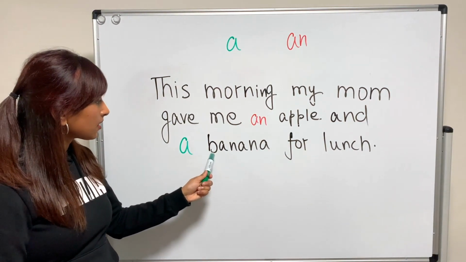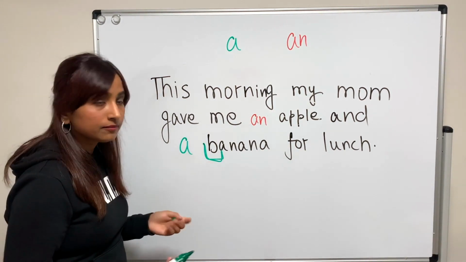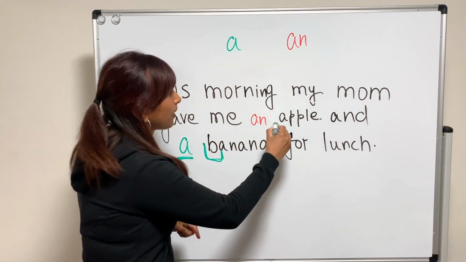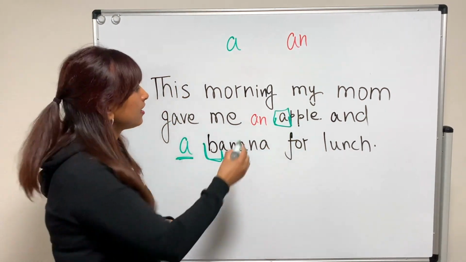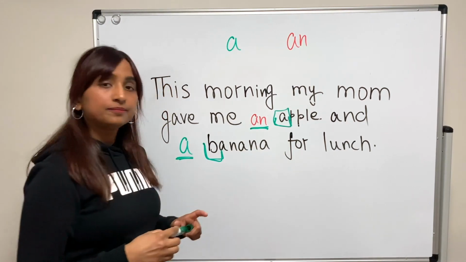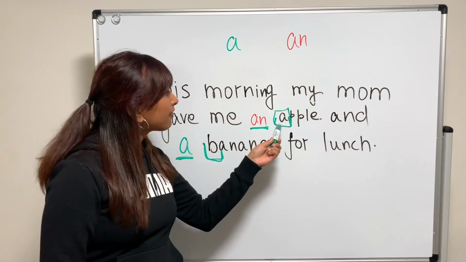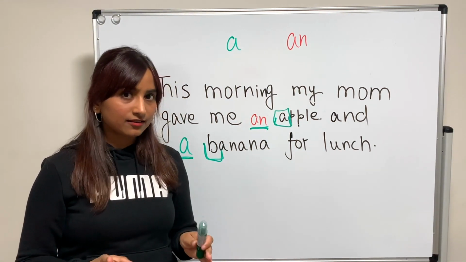So if the word starts with a consonant sound, b, I will use a. If the word starts with a vowel sound, which is a here, I'm going to use an. Remember, it depends on the sound at the start of the word. It does not depend on the letter.